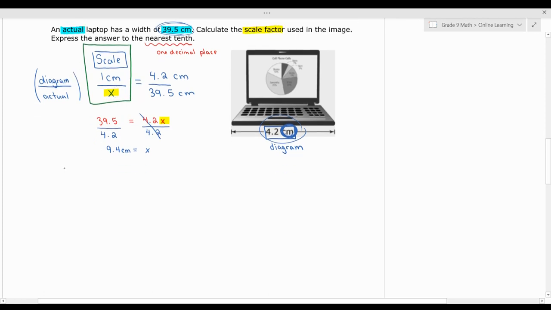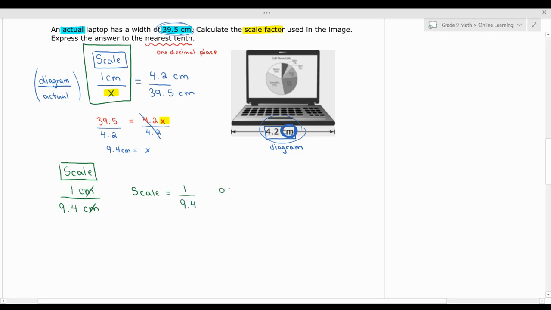So if I fill that in, we already said that 1 centimeter was representing, now instead of x, 9.4 centimeters. And when you're stating scale factor, you actually don't include units. So we would say the scale is 1 over 9.4.